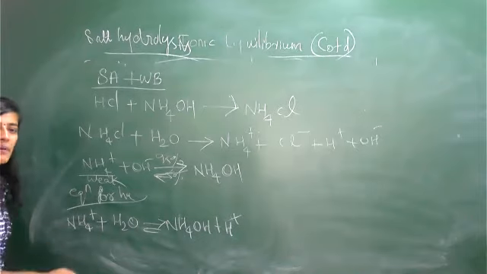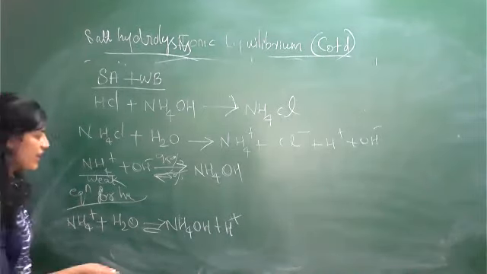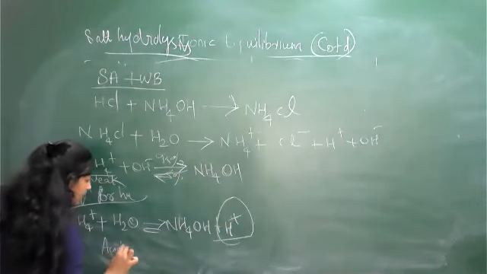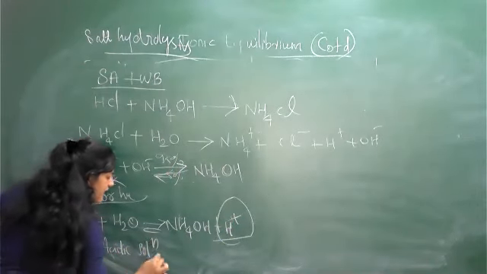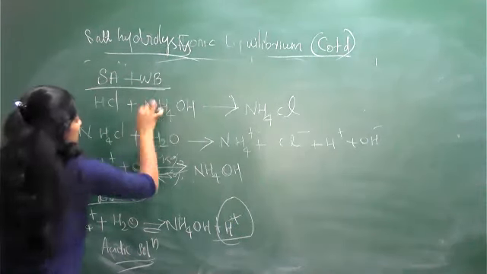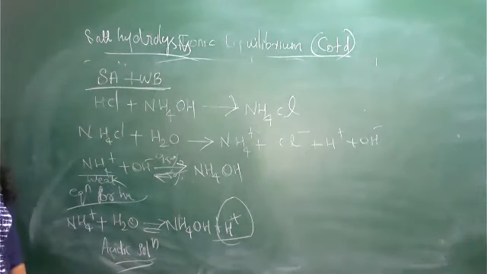So what type of solution is this, student? Acidic in nature. Why acidic? Because of the presence of H plus, an acidic solution is created. In the last one it was basic, but here, with a strong acid, the solution is acidic in nature.